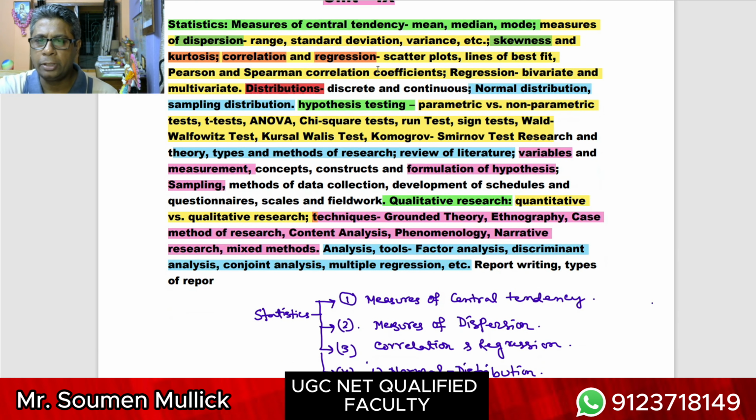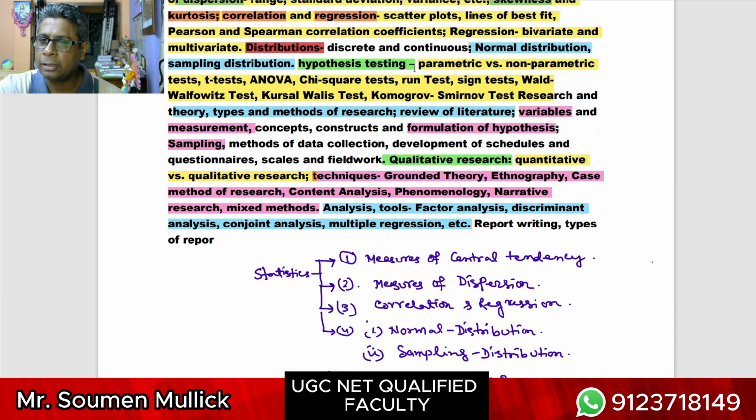Next topic, distributions: discrete, continuous, normal distribution, sampling distribution, probability sampling, non-probability sampling are our important topics. Next, hypothesis testing, parametric versus non-parametric statistical tests and comparative study.